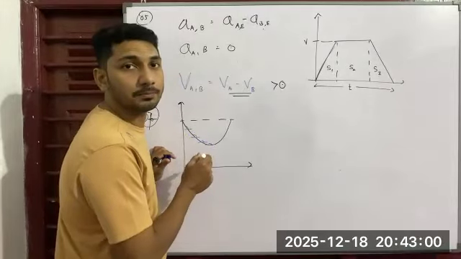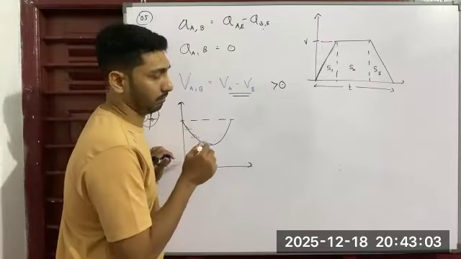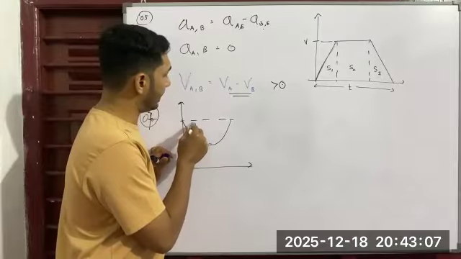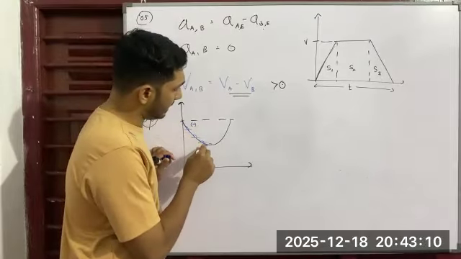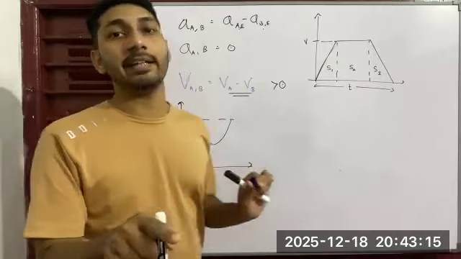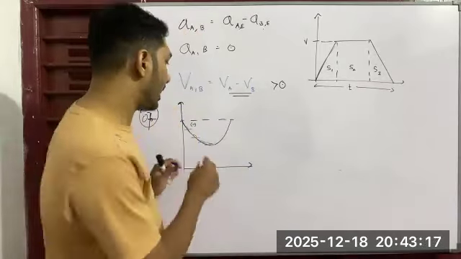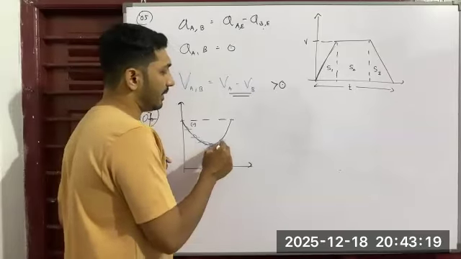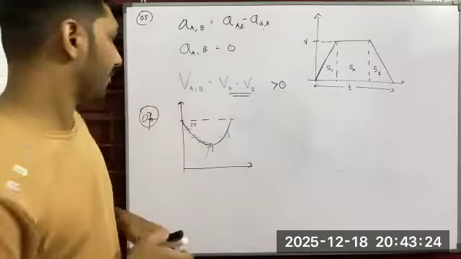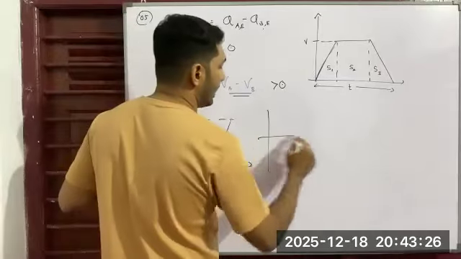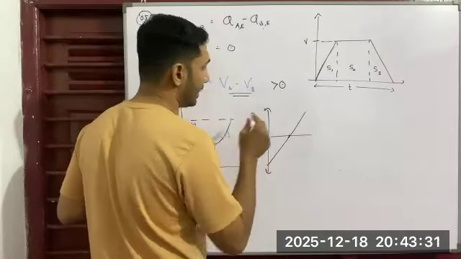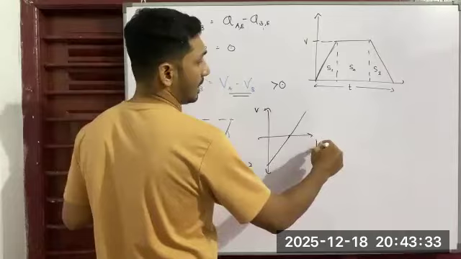Obtuse angle. So the gradient is negative, and it's increasing and becoming 180, so the gradient will decrease in negatives. Here it becomes 0 and then it will increase in positives because of the acute angle. So the correct answer is: in negative it decreases and hits 0, and then in positive it increases.